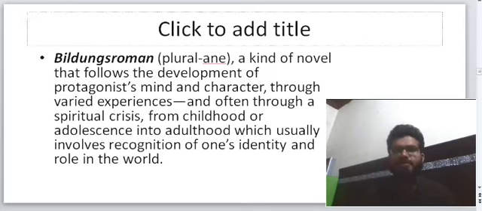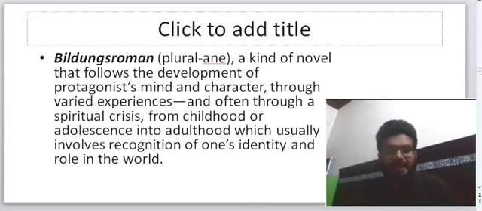Simply speaking, Bildungsroman is a kind of novel in which the writer portrays a character who develops his maturity of mind and character through experiences. So, he progresses in terms of maturity or in terms of physical maturity. So, this maturity is applicable to intellectual, mental maturity and physical maturity both.